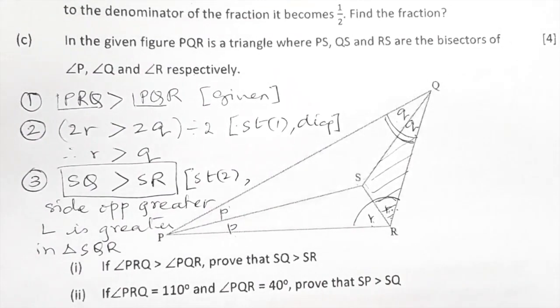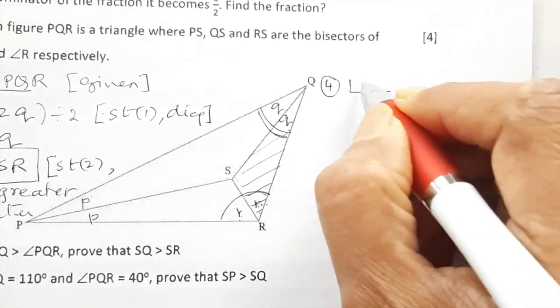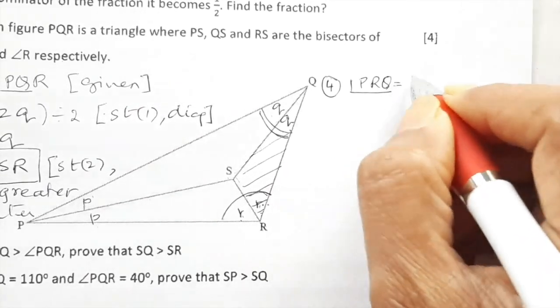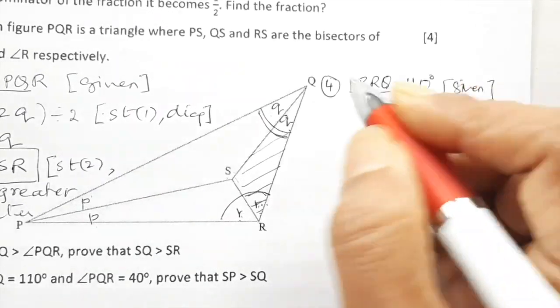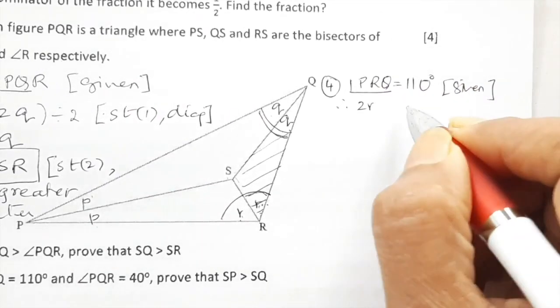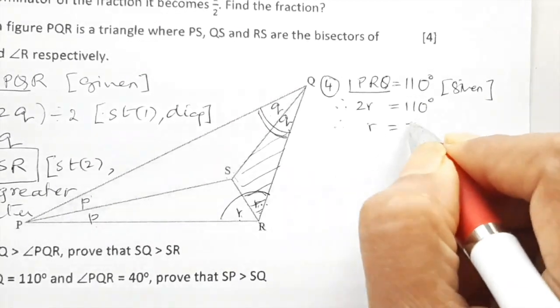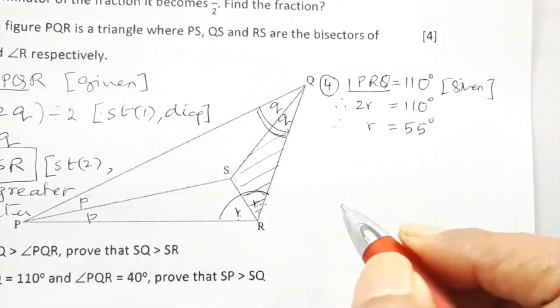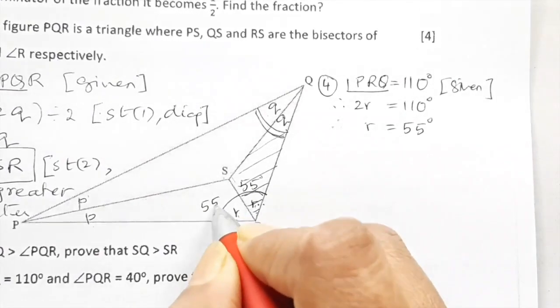Now in the second part, they say if PRQ is 110, so angle PRQ is equal to 110, which is given. Therefore 2R is equal to 110 degrees. Therefore R is equal to 55 degrees. Okay, so this becomes 55 degrees, this becomes 55 degrees.